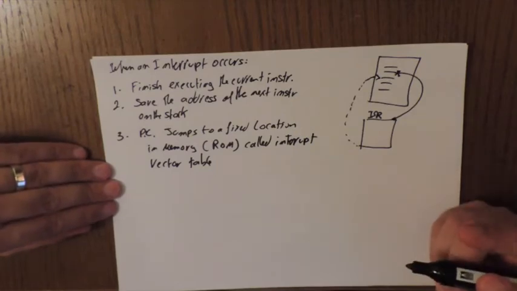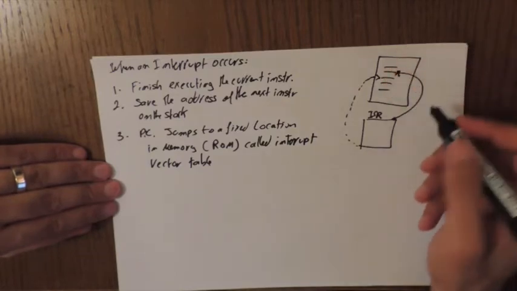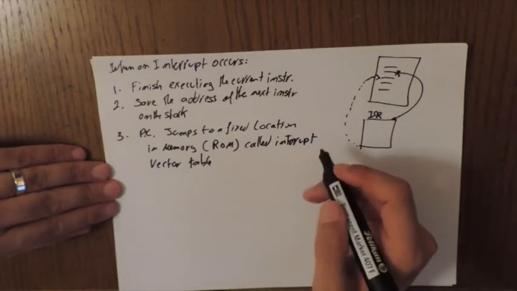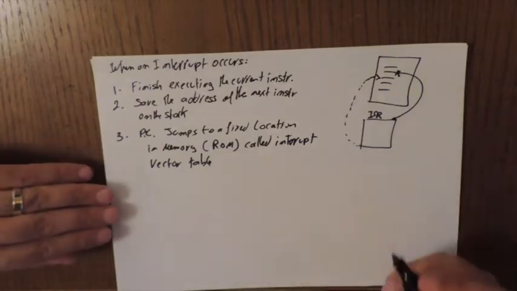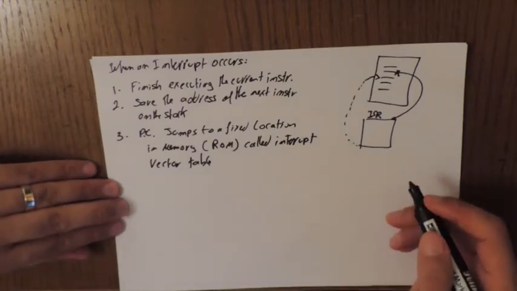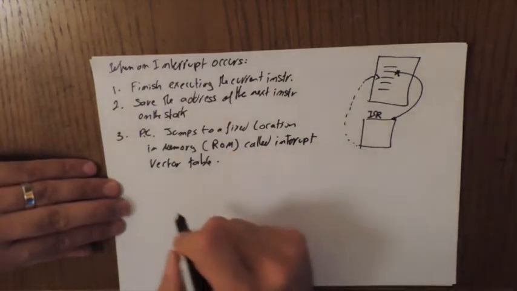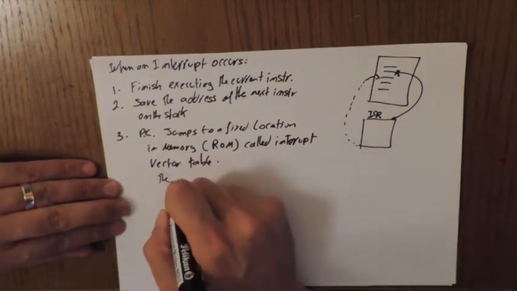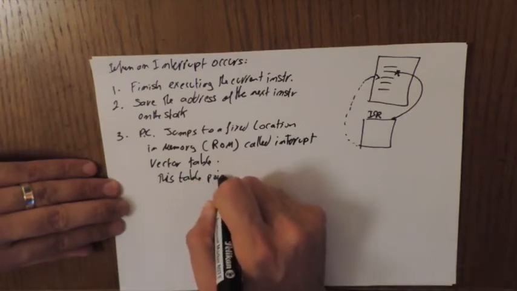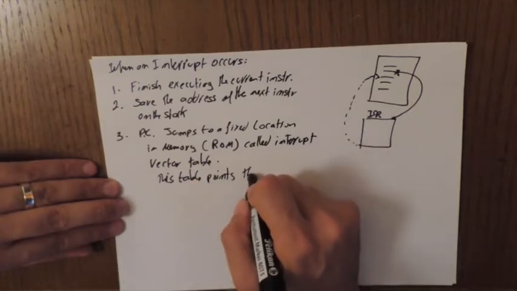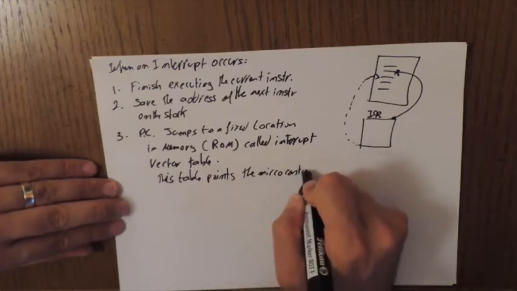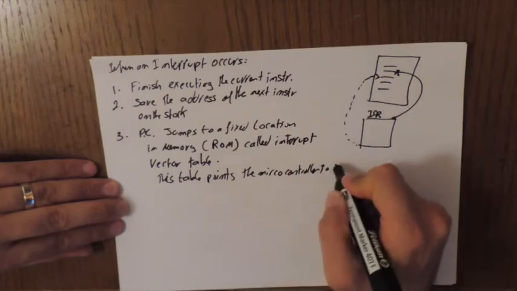So I don't just have a single interrupt, so how can the ISR be known directly? This interrupt vector table has the locations of all interrupts that may occur. The vector table points the microcontroller to the address of the interrupt.